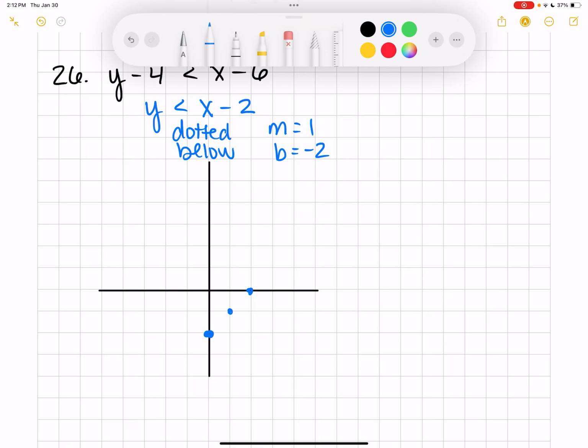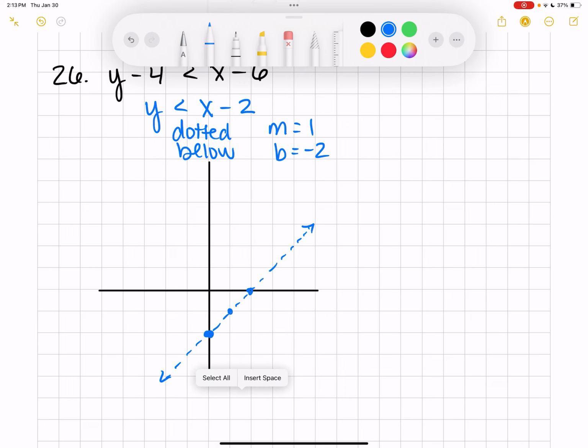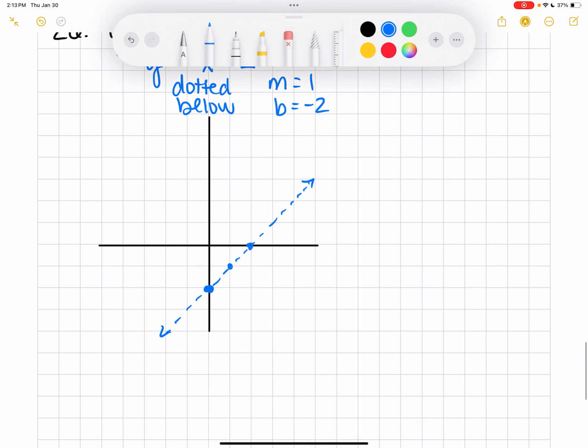So I'm going to do little dashed lines all the way through like that. Not connected. That's what indicates to me that it is just less than or just greater than, depending on the situation. Now I shade below. So that's down here.